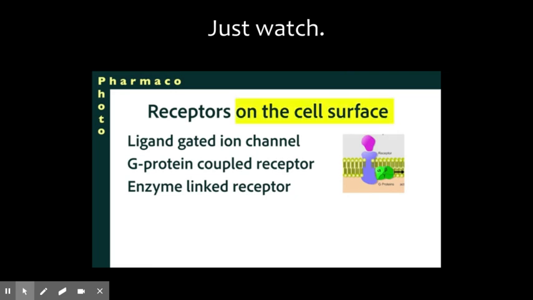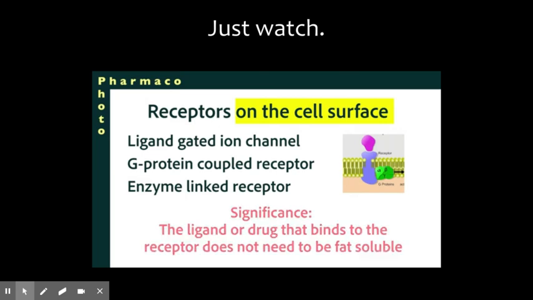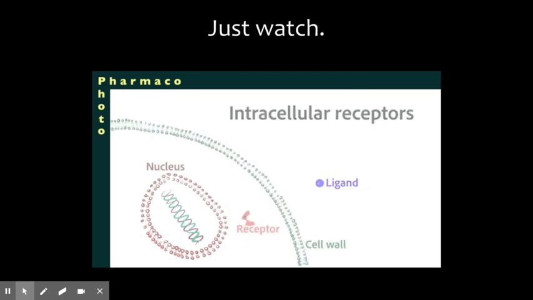The ligands that affect those receptors can access the receptor from the outside of the cell, meaning that the ligand or drug binding to the receptor can be water soluble or lipid soluble. However, the ligands for the intracellular receptor need to be lipid or fat soluble in order to get through the phospholipid bilayer.